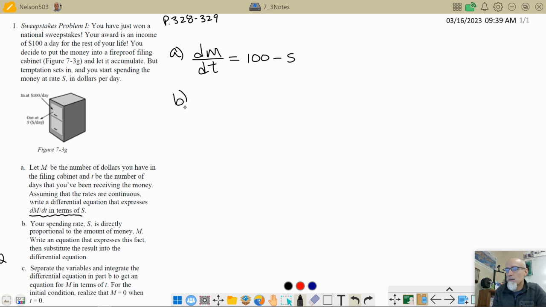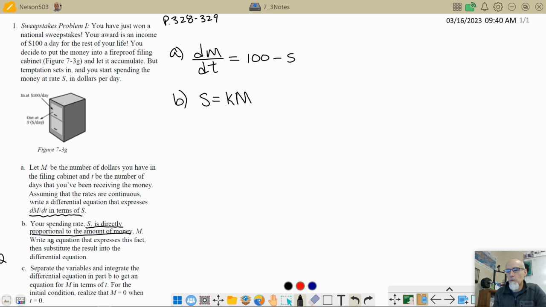Part B says that S is directly proportional to the amount of money that we have. So if S is directly proportional to the amount of money we have, that's how I'd write that equation right there. Okay.